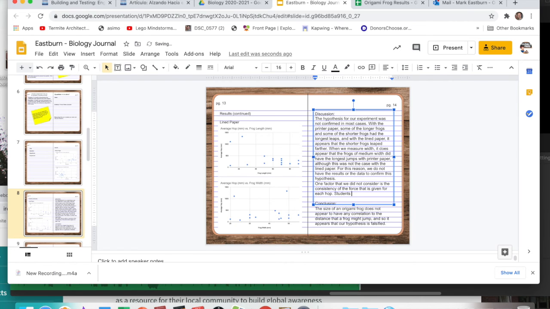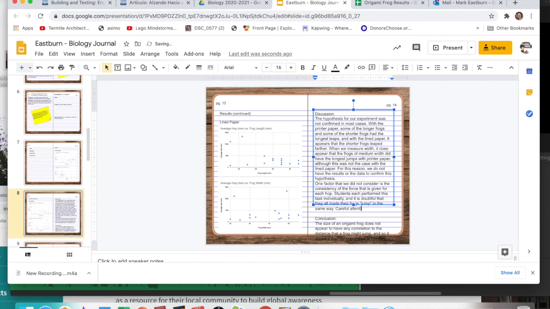So we could say students each performed this task individually, and it is doubtful that they all made their frogs jump in the same way.